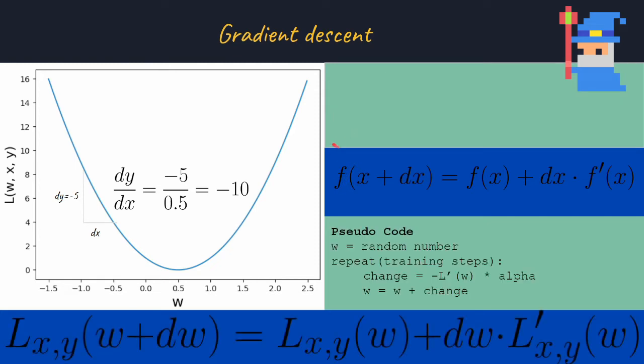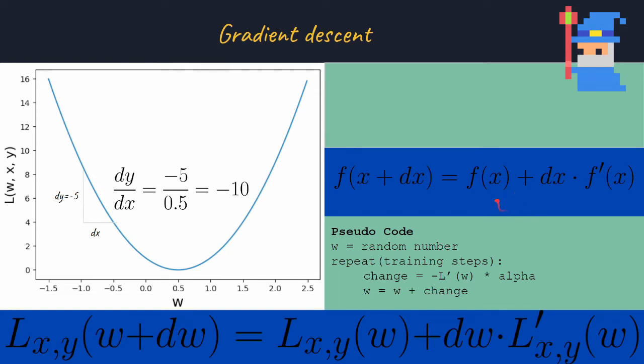So let's apply this to the loss function. If we change w, down there is the loss. If you change w by a small dw, we actually only want to know the change. We do not care about the first part here, the loss for given x, y with respect to w. We care about the second part. So if we change w now, how will that affect the loss? And obviously we want to have it affected negatively.